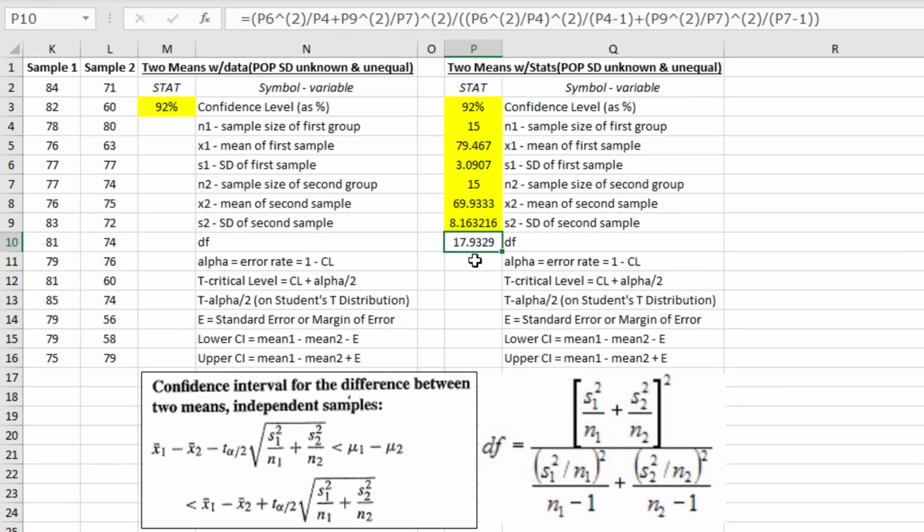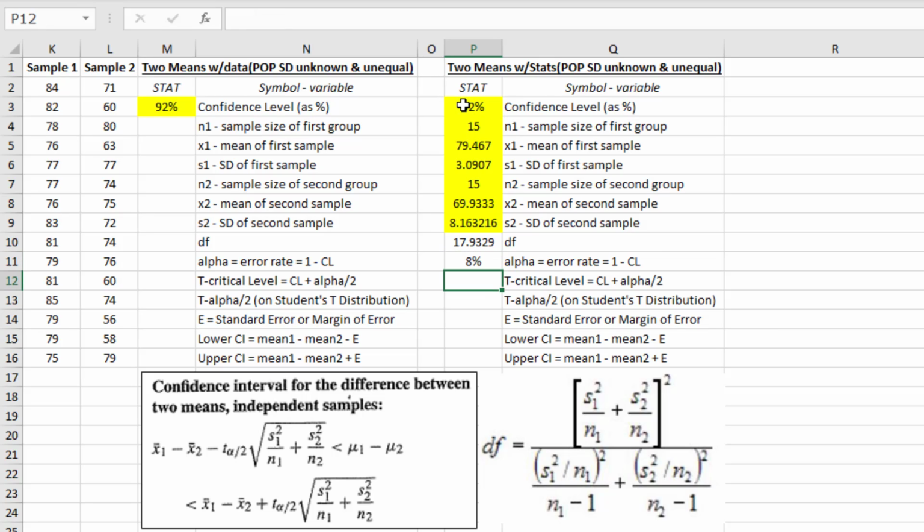Either way. Okay, the rest is pretty easy, because alpha is always equal to 1 minus our confidence level. The T critical level is also the same computation for all of our Excel calculators, and it equals the confidence level plus 1/2 of our alpha, so alpha divided by 2.